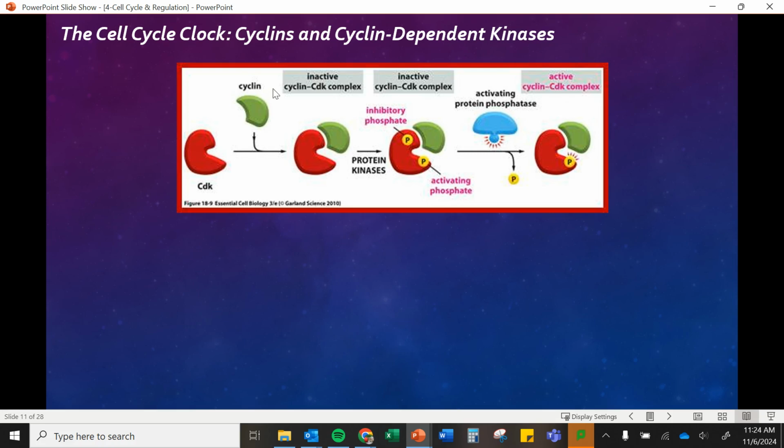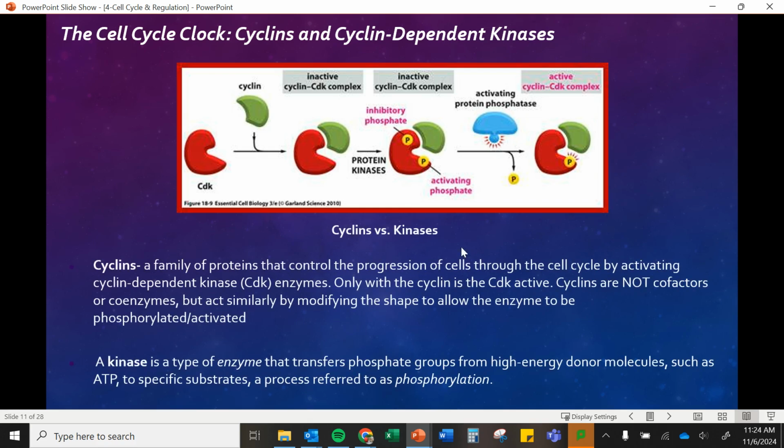Because of this, cyclin can make it so that these CDKs, cyclin-dependent kinases, are active at different times, and that's how we're able to time all of these different processes. Okay, so that's the main thing you need to know: a kinase in general is just a term for an enzyme that is phosphorylating groups, and that is going to activate and deactivate different parts of the cycle.